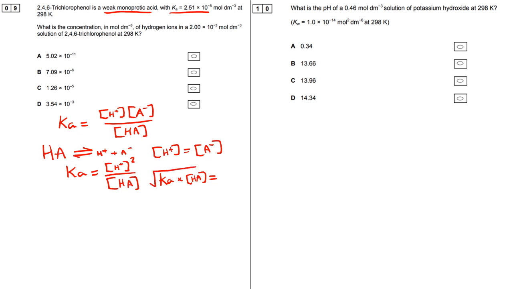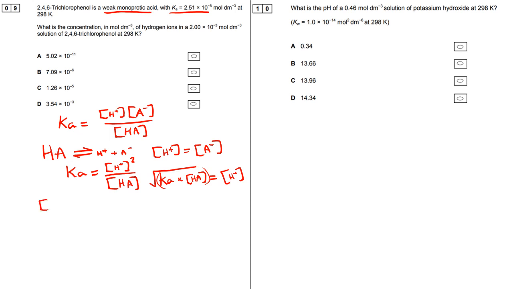So square root Ka times HA equals H plus. It's good practice to just put things in brackets on your calculators just so you're not messing up the numbers or the instructions you're putting in there. So I'd often just put the square root on the outside of a set of brackets there.